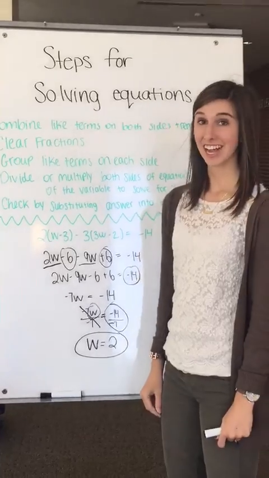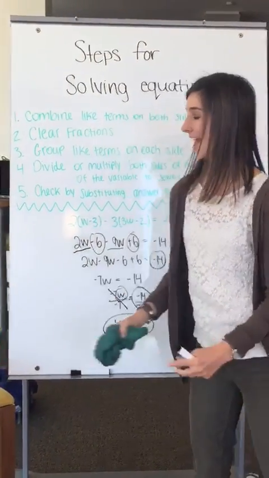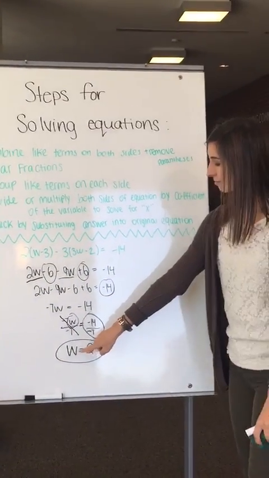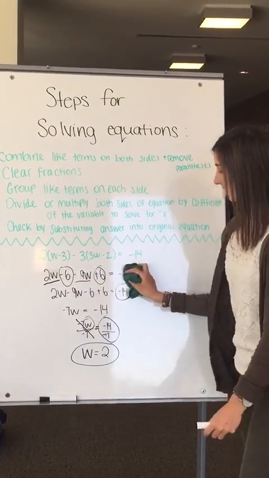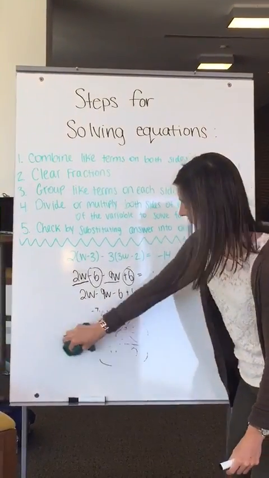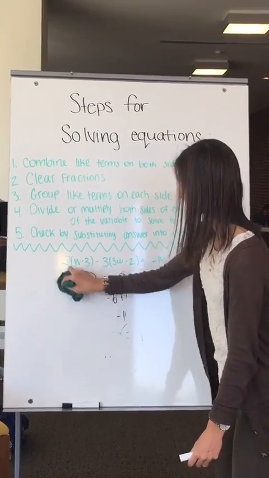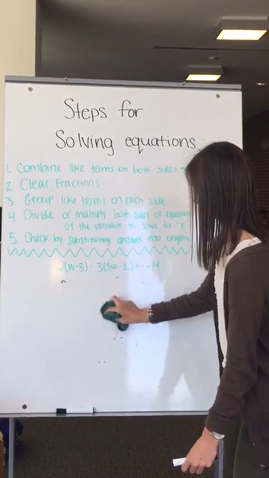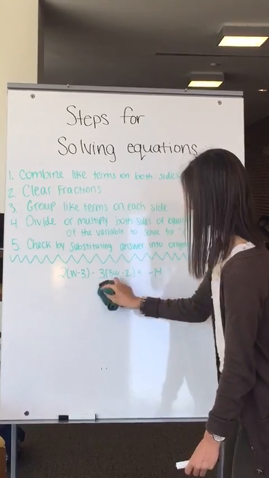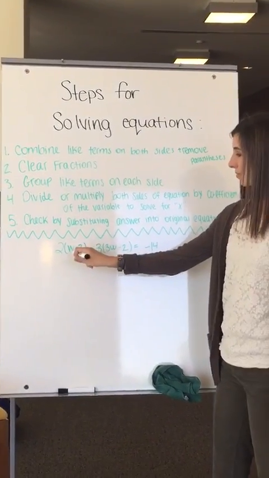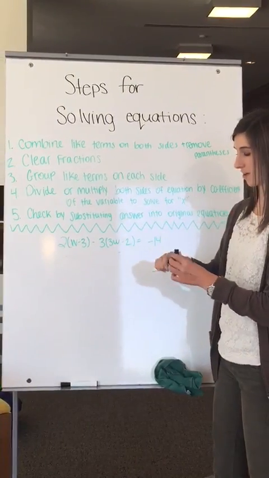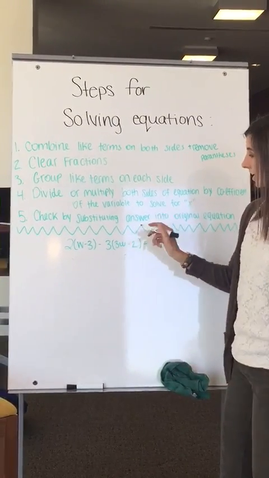Alright, so now we're going to check our problem, and how we're going to do that is we're going to plug our answer, which was 2, back into the equation. So I'm going to erase this. Alright, so wherever this w was, we're going to put the 2 in there because that was our answer.